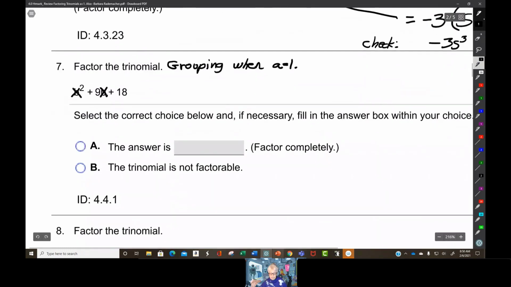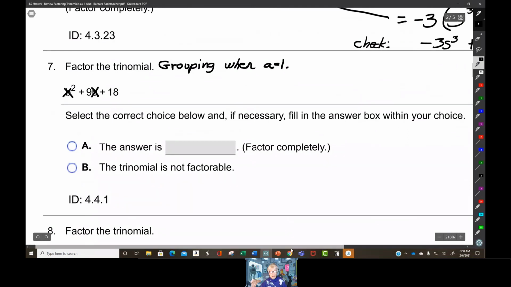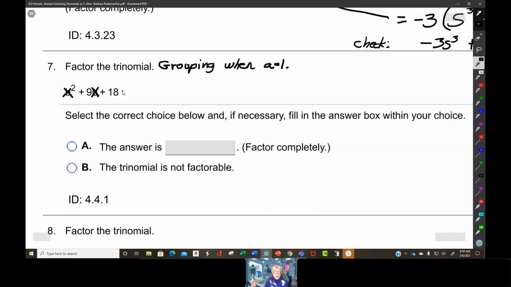Okay, here we go. We are dealing with a quadratic trinomial, which I have rewritten as x squared plus 9x plus 18. For the following reason, the formula for a quadratic trinomial, quadratic because the highest power is 2.